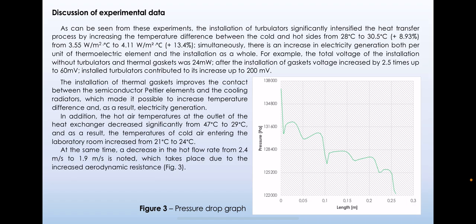Simultaneously, there is an increase in electricity generation, both per unit on thermoelectric element and the installation as a whole. For example, the total voltage of the installation without turbulators and thermal gaskets was 24.